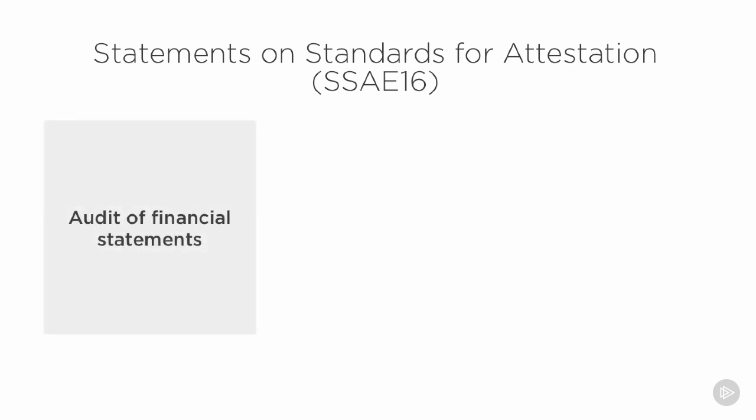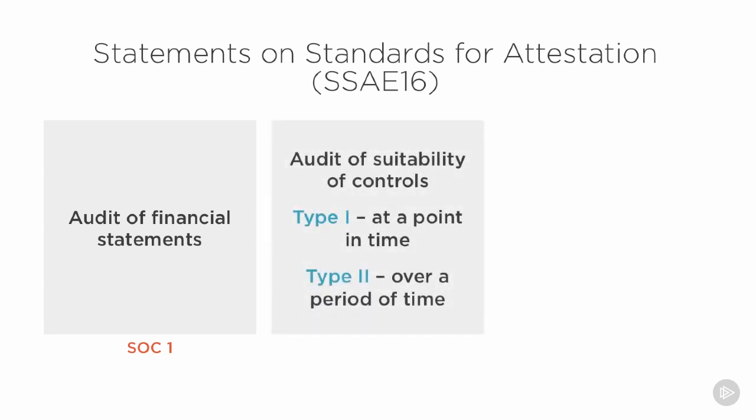There are three types. There is the SOC 1, which is an audit of financial statements. There is a SOC 2. A SOC 2 is an audit of the suitability of controls. A SOC 2 report is quite a detailed and usually internal report that an organization will have received from their auditors that tells them whether or not their internal controls are adequate.